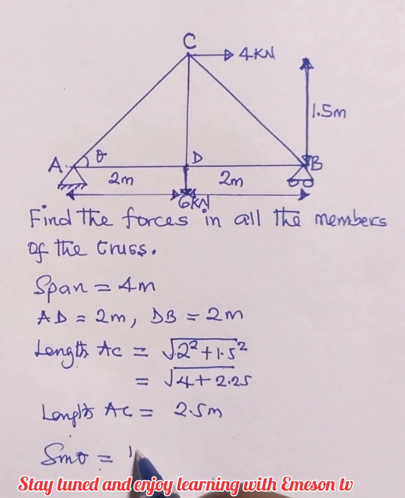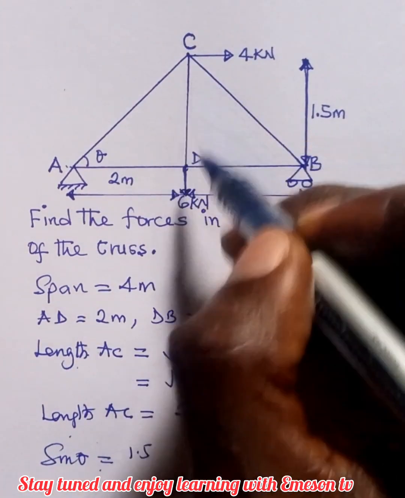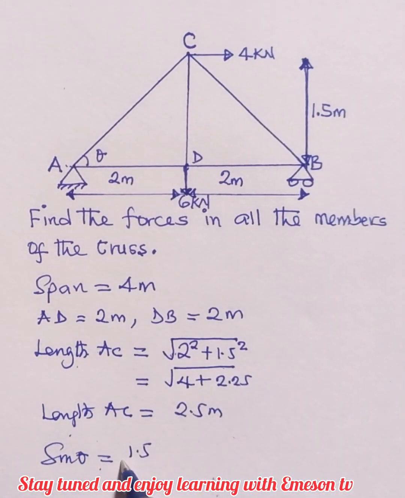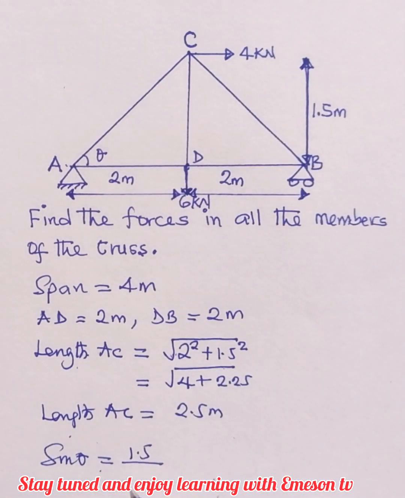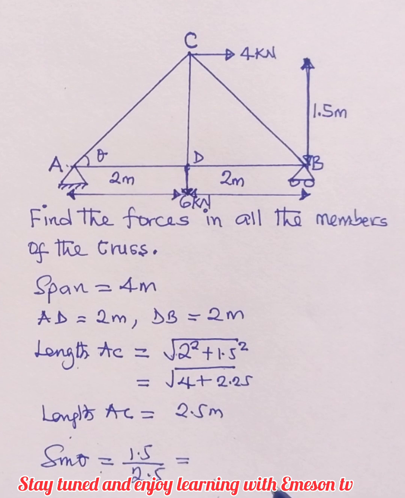Opposite is 1.5, from this point to this point, while our hypotenuse is from this point to this point, which is 2.5. So sine theta becomes this divided by this. We have sine theta to be 0.6.